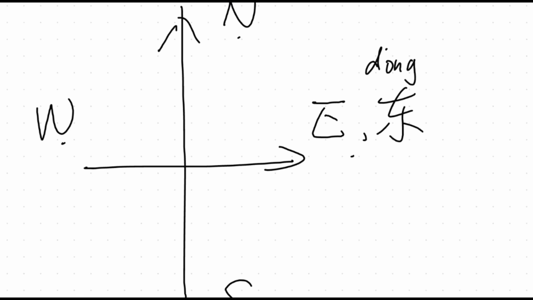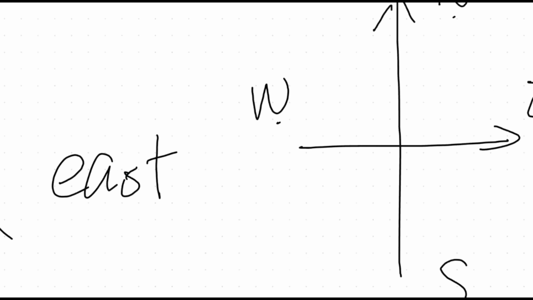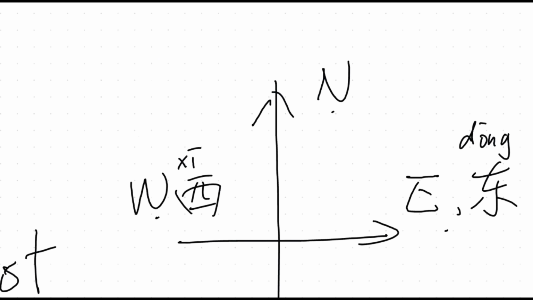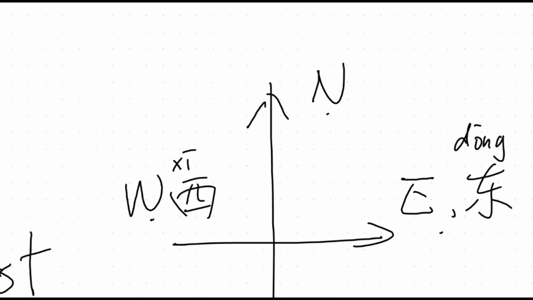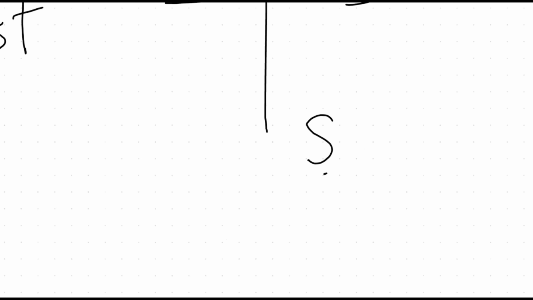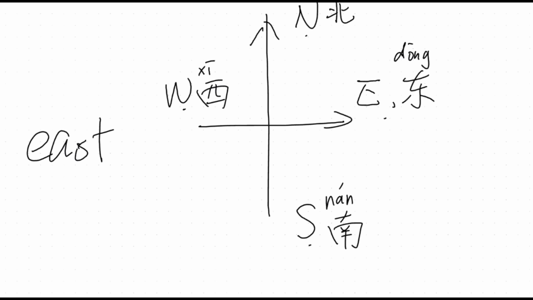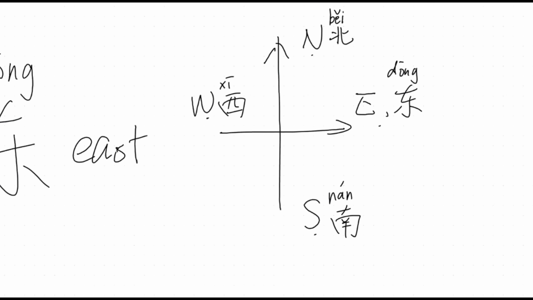West is 西. North is 北. South is 南. Dong, Xi, Nan, Bei.